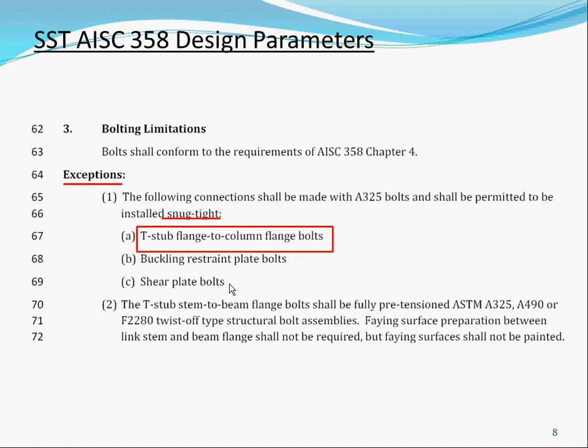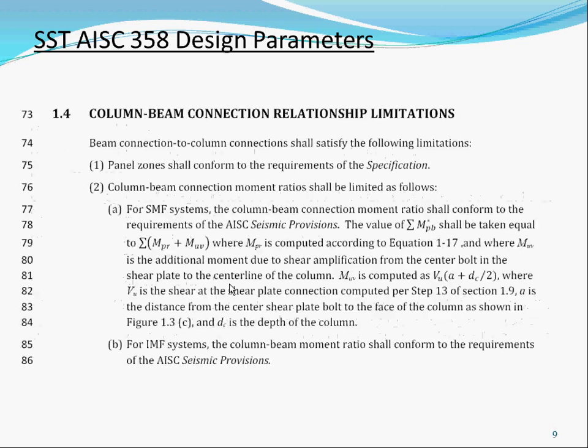Snug tight versus pretension: when you look at the stress-strain curve, snug tight is really in the lower region. Pretension, you tension almost all the way up past yield toward ultimate. So it takes a little more effort to get to a pretensioned bolt compared to snug tight, and sometimes equipment is required to get to a pretension level.